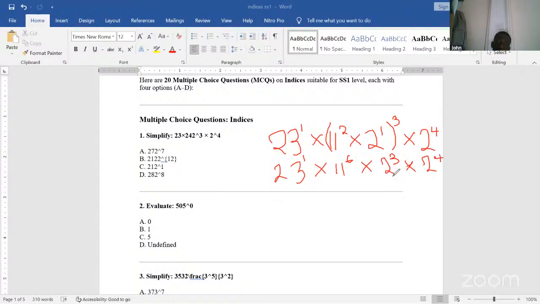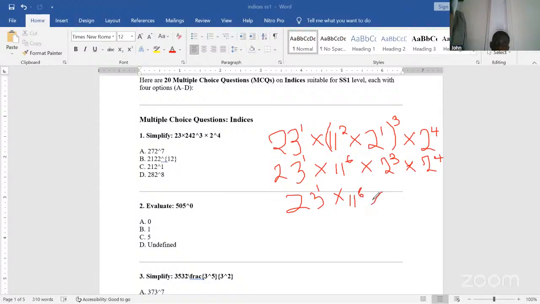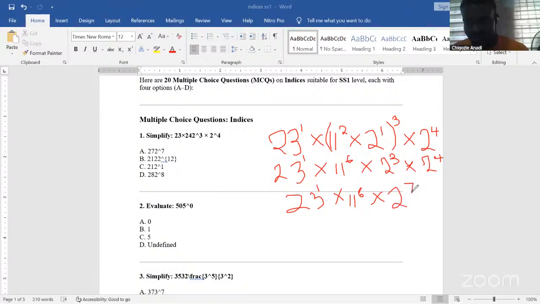Yes, sir. So these two are on the same base. So we're having 23 raised to the power of 1 times 11 raised to the power of 6, right? Yes. Times 2 raised to the power of what? 7, right? Yes.